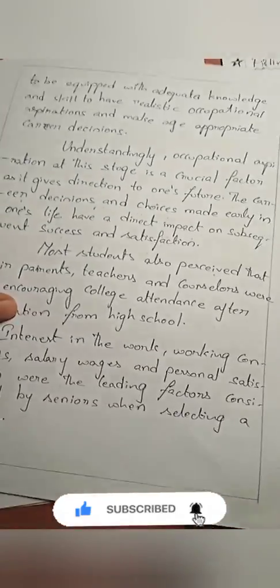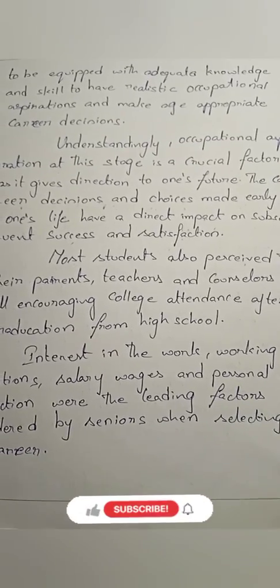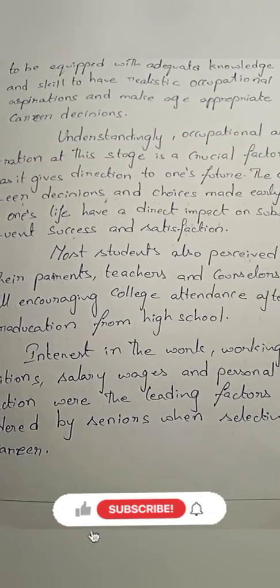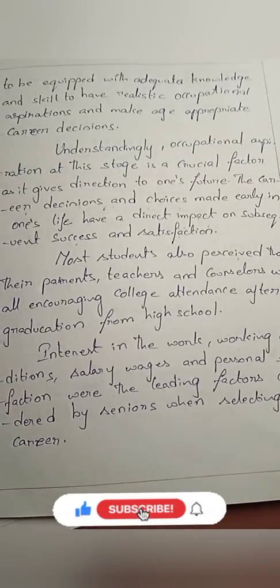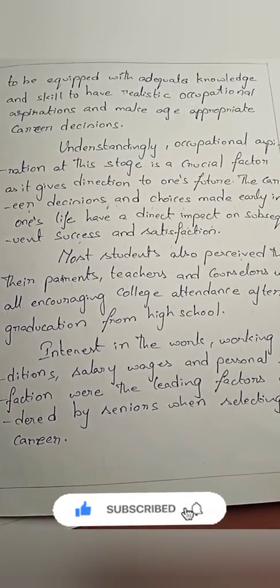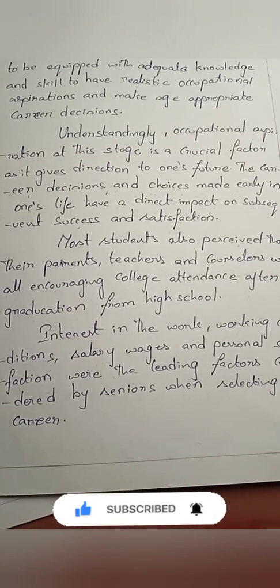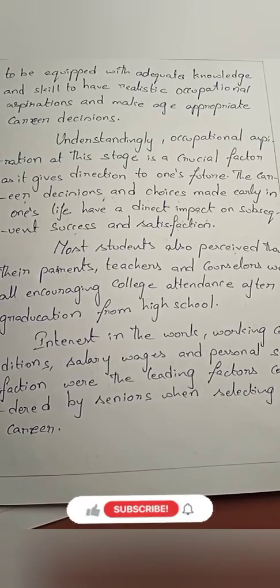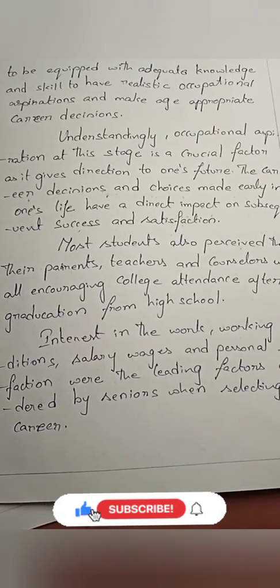to be equipped with adequate knowledge and skills to have realistic occupational aspirations and make age-appropriate career decisions. Understanding occupational aspiration at this stage is a crucial factor as it gives direction to one's future. The career decisions and choices made earlier in one's life have a direct impact on subsequent success and satisfaction.